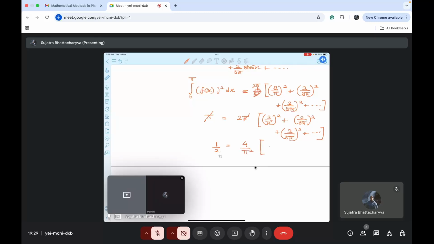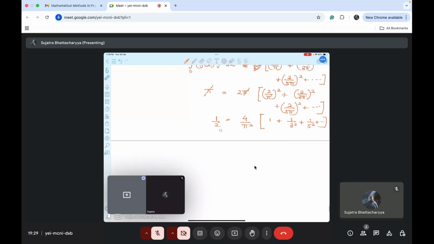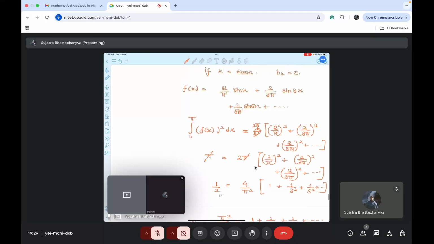So you get here 1 plus 1 by 3 square plus 1 by 5 square, and so on. We've already reached the destination. So it's just pi squared by 8, that will be equal to 1 plus 1 by 3 square plus 1 by 5 square, and so on. So finally we have reached this part.